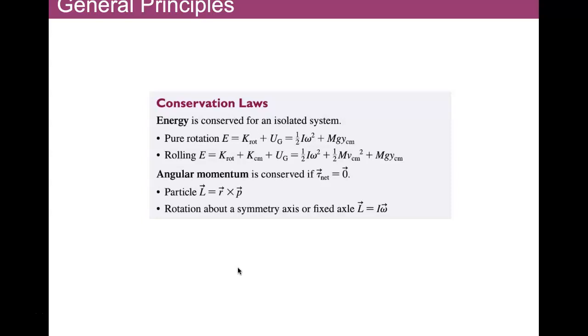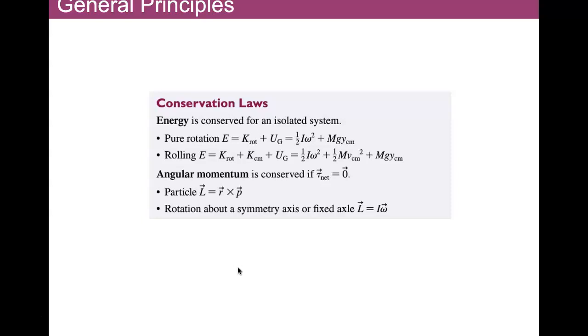So if you have pure rotation with a fixed axis, your rotational energy is 1/2 I omega squared, and then the change in potential energy would be as if all the mass m is at the center of mass. If you have rolling, then you add the rotational kinetic energy to the translational kinetic energy of the center of mass.